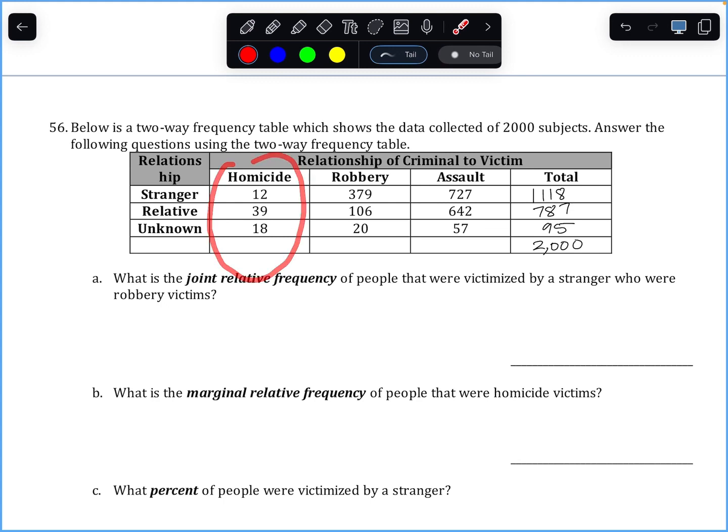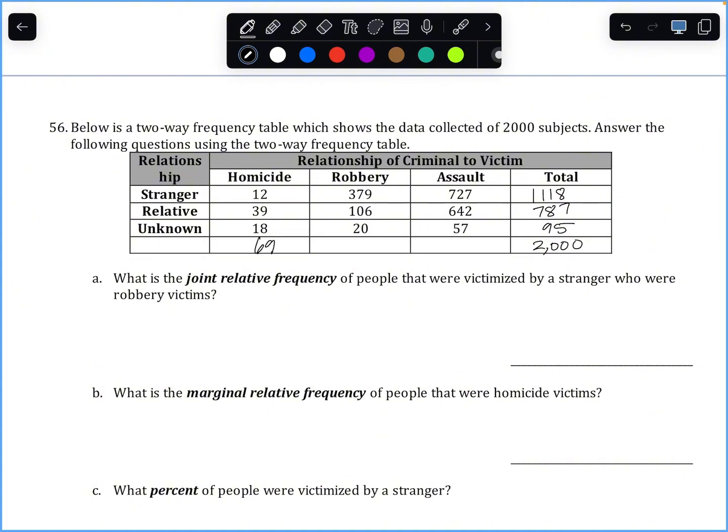Okay, now let's add up all the columns: the homicide, the robbery, and the assault. Let's go with Lincoln. What'd you get for the homicide? How many total homicides were there? Okay, 69.